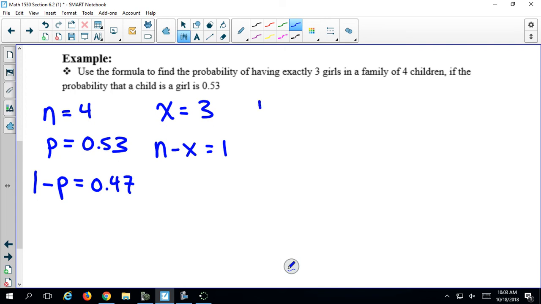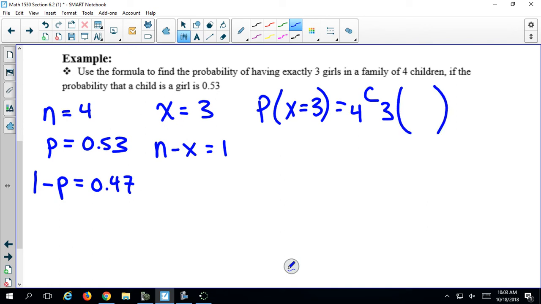So the probability of number of successes being 3 is nCx, so that'd be 4C3. P raised to the x, so we're going to have 3 girls, so we're going to be multiplying 0.53 3 times. And 1 minus p to the n minus x.